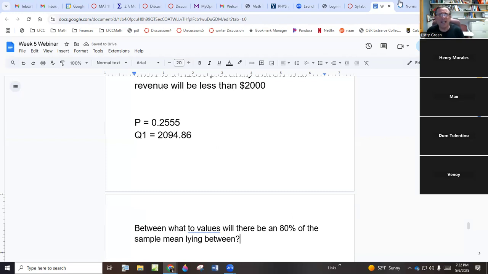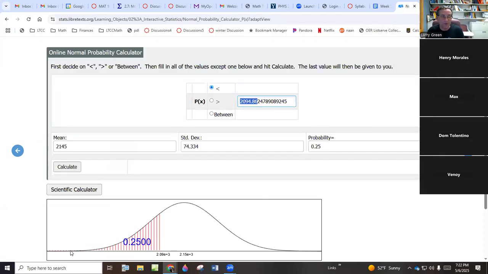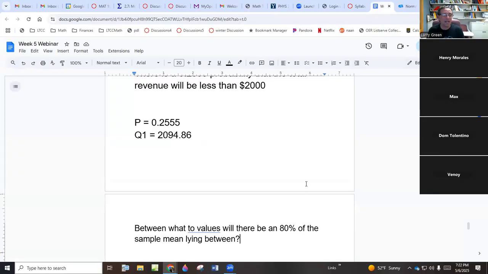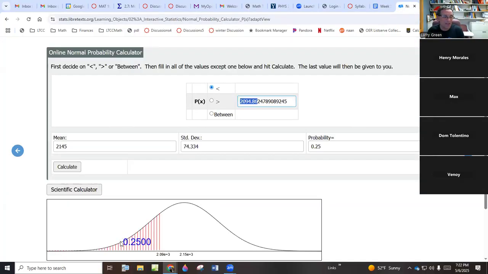Okay. So the idea, and this is where the picture helps. So we have a normal distribution, right? The mean was 2145. And if you want to say, well, in this normal distribution, I want 80%, so that means 80% is going to be in between these two numbers. What are those two numbers? Any questions on the question?